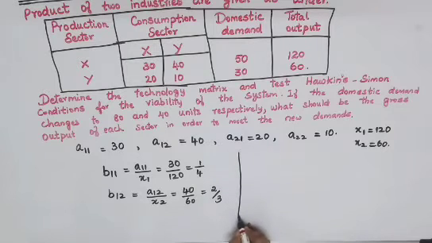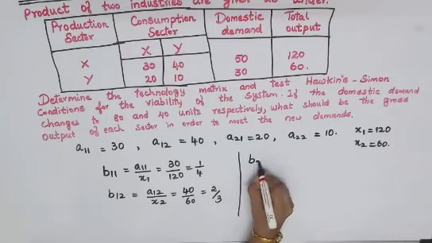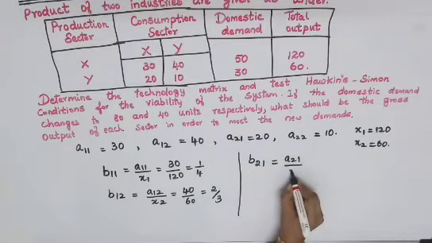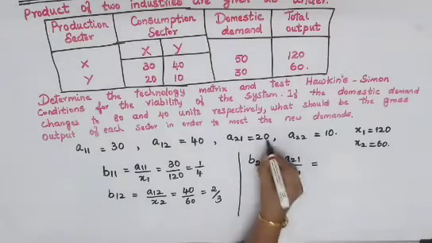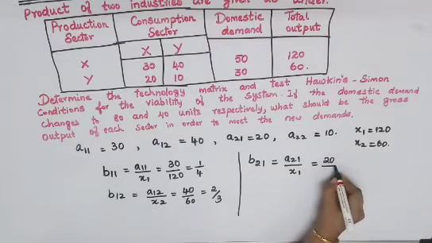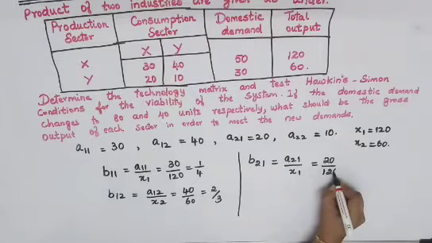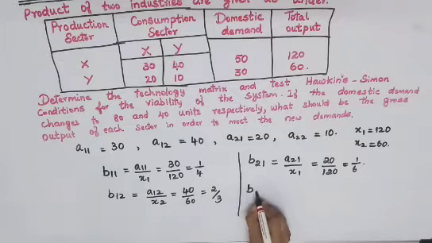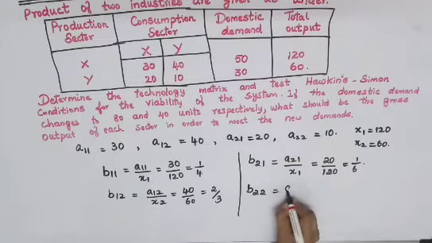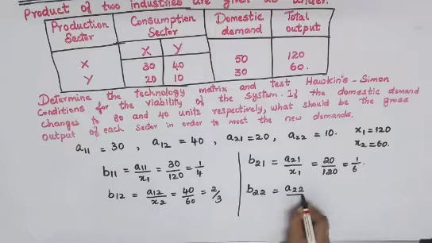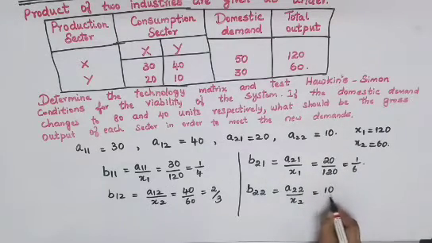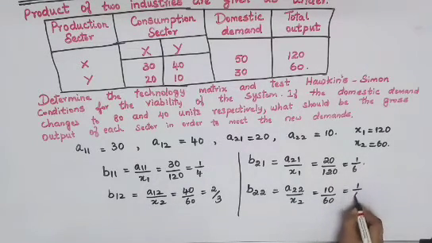The next element is B21, that is equal to A21 divided by X1, which is 20 divided by 120, cancelling you will get 1 by 6. Next is B22, the formula is A22 divided by X2, which is 10 divided by 60. So 10 by 60 you will get 1 by 6.